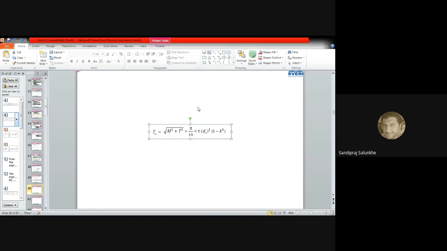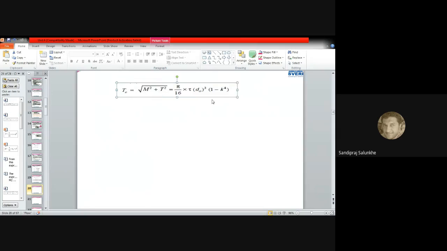For the hollow shaft, what we have to do, a T equivalent will become DO, which is mentioned as the outer diameter of the shaft, and DI as the inner diameter of the shaft. And this K is nothing but the ratio of outer diameter to inner diameter.